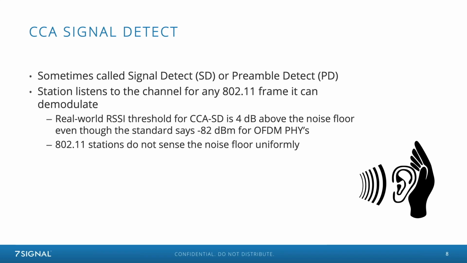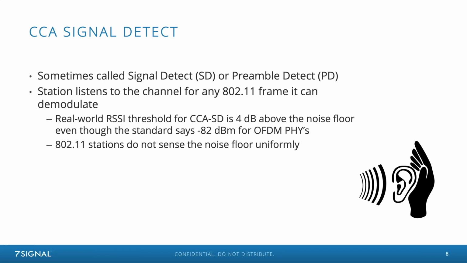There's a little bit of confusion about what the real signal detect thresholds are. The standard says for the OFDM PHYs, which is basically everything except 802.11b, that the threshold for signal detect is minus 82 dBm. But really that's a minimum, and most 802.11 radios will trip their signal detect threshold at much, much lower signal strengths.